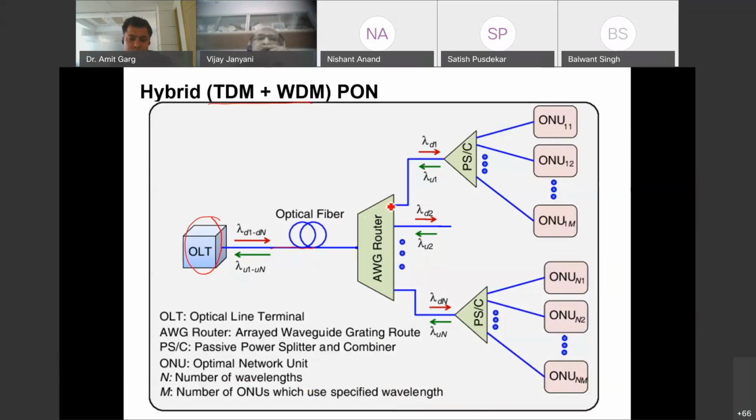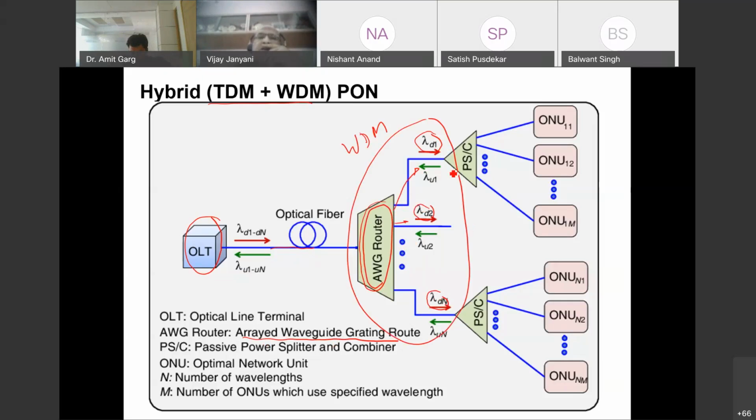Now there is an AWG router here, which I mentioned, arrayed waveguide grating. You see that it divides this into different wavelengths. Lambda D1 is here, D is for downstream, lambda D2 is here, lambda Dn is here, and this is the WDM part.